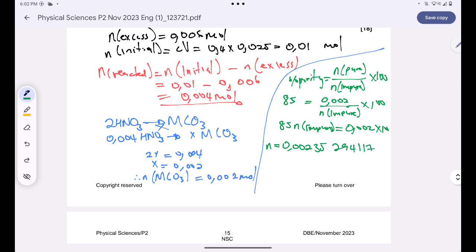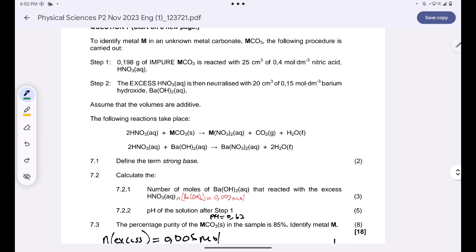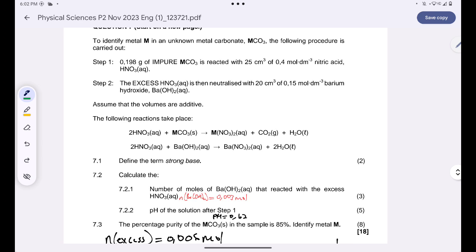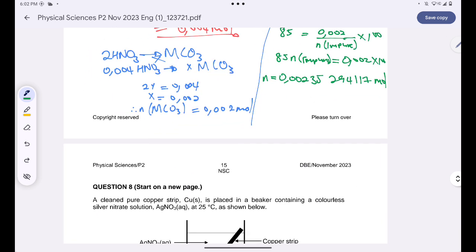Okay, these are the number of moles of my impure substance. Are you together? Remember that I was given the impure mass. For me to identify metal M, I must know the molecular mass number, and then I can simply identify metal M.